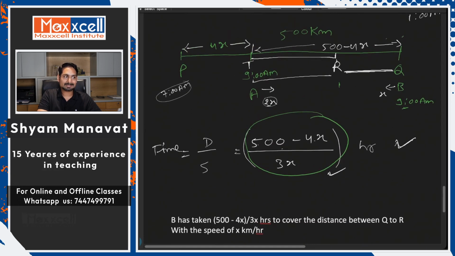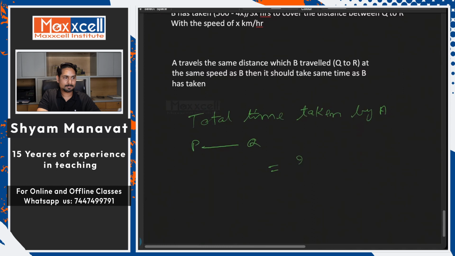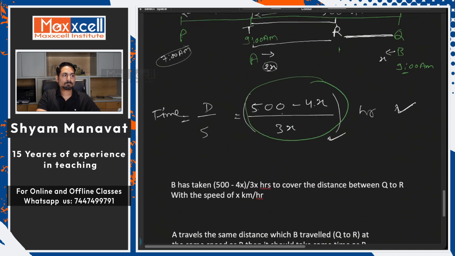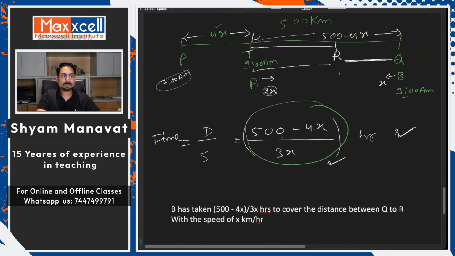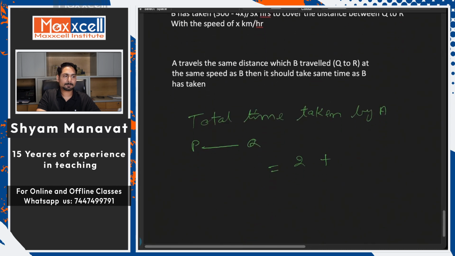this car A has taken 2 hours from P to T. Now we have divided this entire journey into segments. So for this segment P to T, car A has taken 2 hours. You remember, 7 AM started and 9 AM car A is here. So 2 hours here, plus to reach from T to R, car A has taken what?